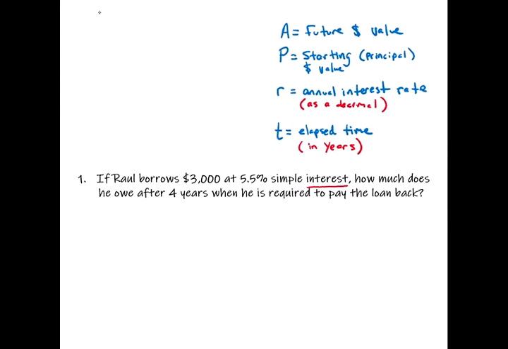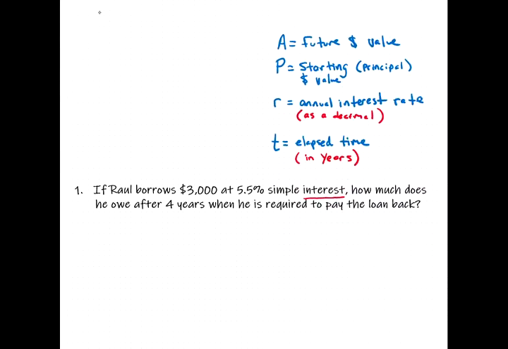Let's add one more letter to this list, and that's going to be capital I. We probably want a symbol for the dollar amount of interest. So we use capital I for interest amount in dollars. So A and P are the starting and ending amounts, and I is the interest. These are all dollar values.